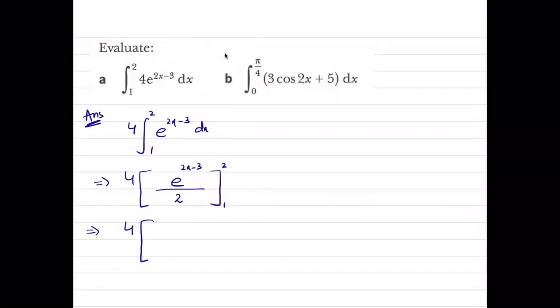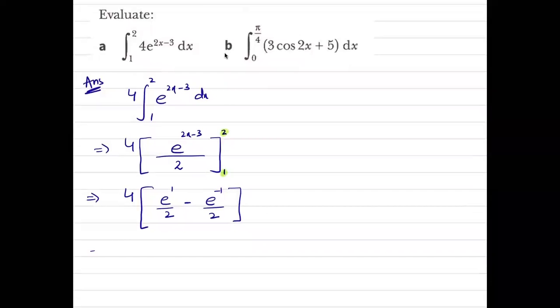Now you're going to first plug in 2. So e to the power of 4 minus 3, that is 1, over 2, minus e to the power, then you're going to plug in the lower limit, e to the power of minus 1, upon 2. So this comes out to be, the denominator is the same, so the denominator is 2.